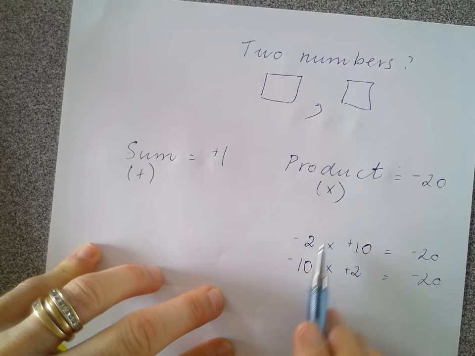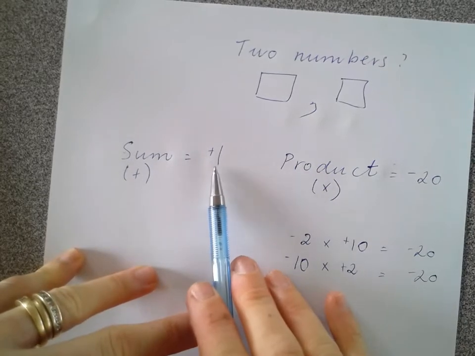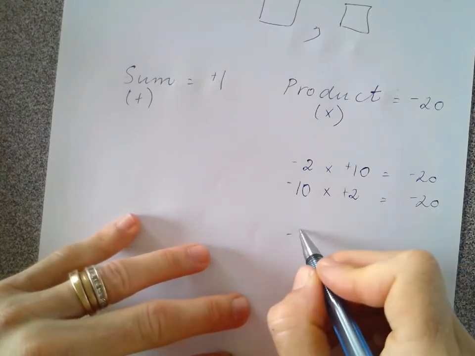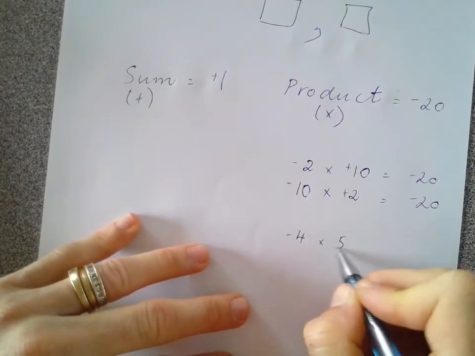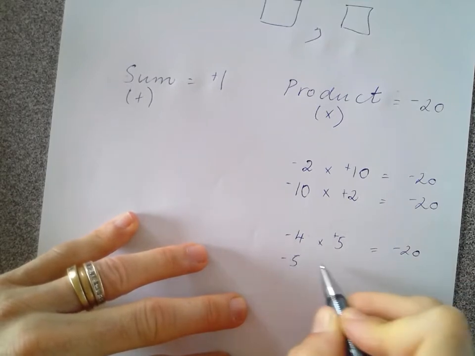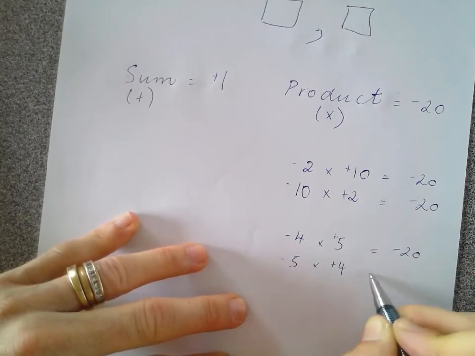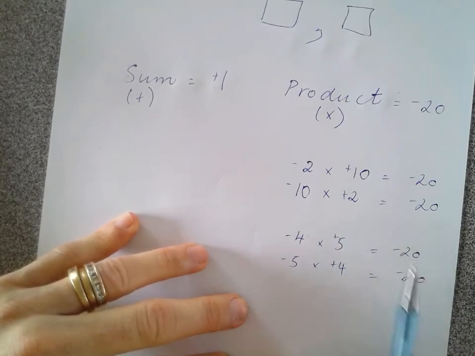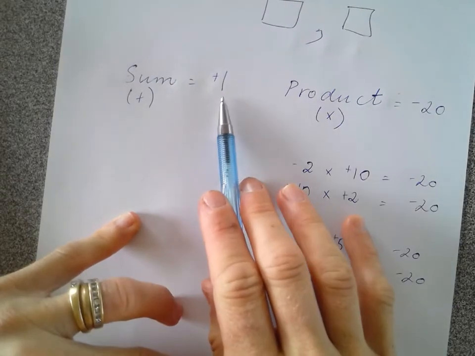Looking at 10 and 2, when I'm plussing them together, I'm not going to get anywhere near positive 1. What else gets us to negative 20? Negative 4 times positive 5 will get us to negative 20, and negative 5 times positive 4 will give us negative 20. So as I'm looking at my 4s and 5s, these look a lot more likely to get me the positive 1 somehow.